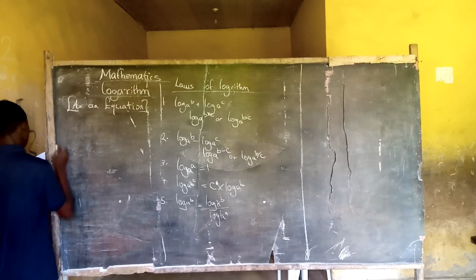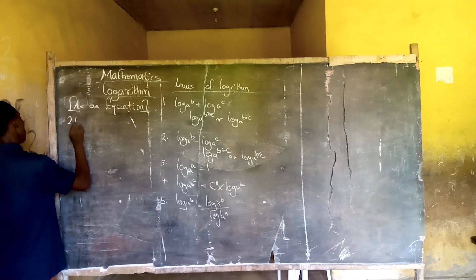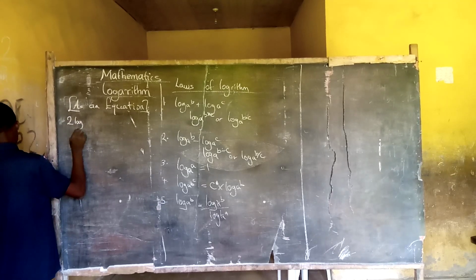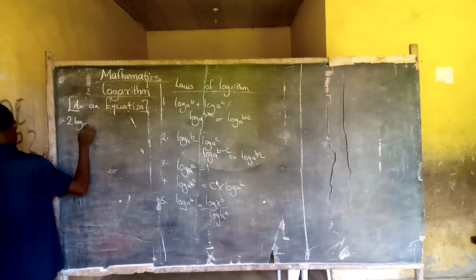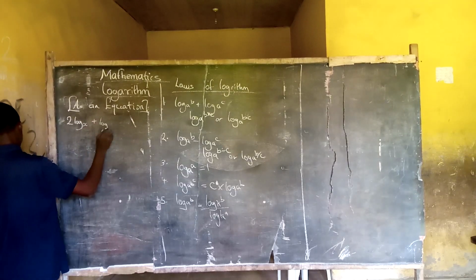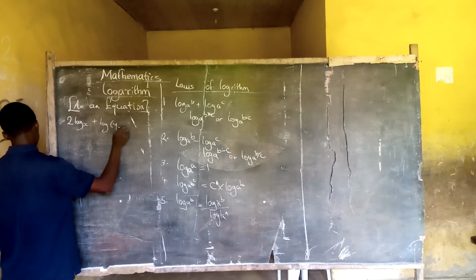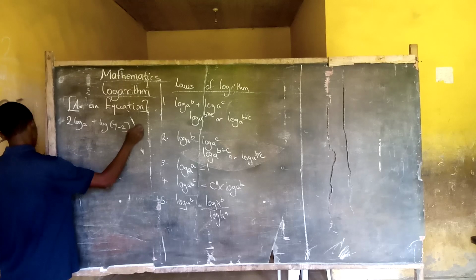Okay, here we are given a problem. It says 2 log to base x plus log y minus 2 equals 0.